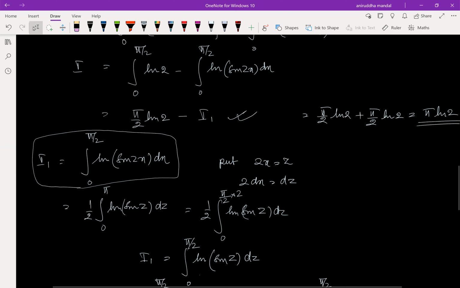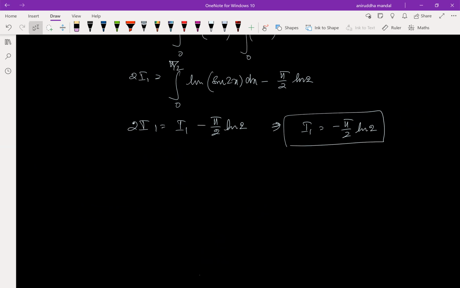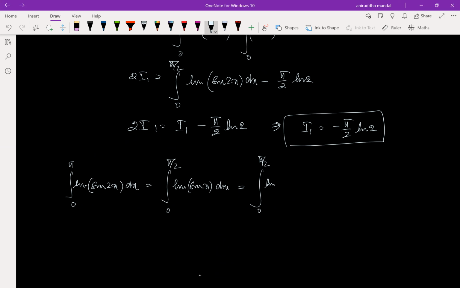Okay, so here you just remember two direct formulas, which is the integral from 0 to pi of ln sin 2x dx, which is equal to the integral from 0 to pi by 2 of ln sin x dx and the integral from 0 to pi by 2 of ln cos x dx.